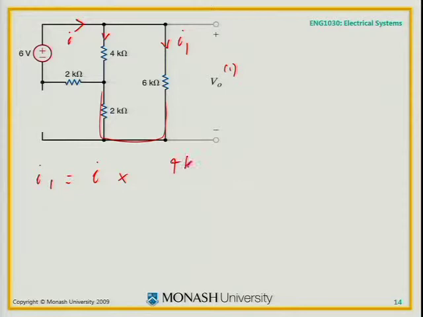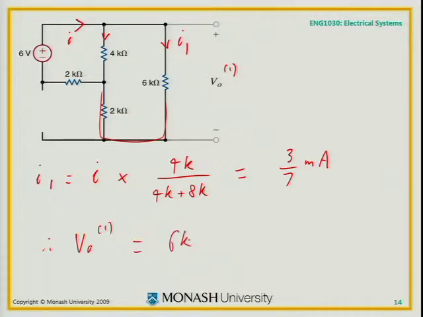So it's 4K on 4K plus 8K, the total. I've already found I was 9 on 7, so I can plug all that in, and I should get 3 on 7 milliamps flowing down through that 6K resistor. Therefore, V01 equals 6K times I1, which I've just found above, is 18 on 7 volts.